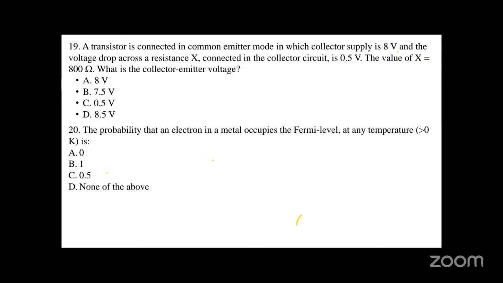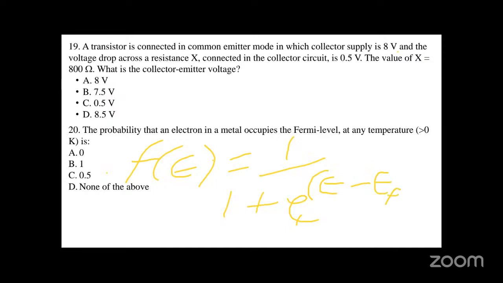So we write F of E is equal to 1 over 1 plus exponential of E, the energy level of the electron, minus EF, the Fermi energy level, all divided by KT, K for Boltzmann constant and T for temperature. You have to know this formula.